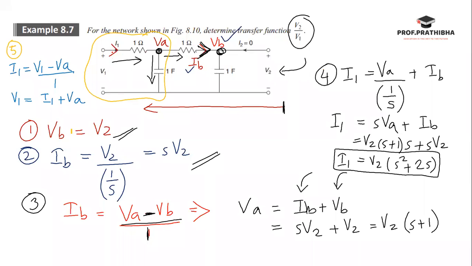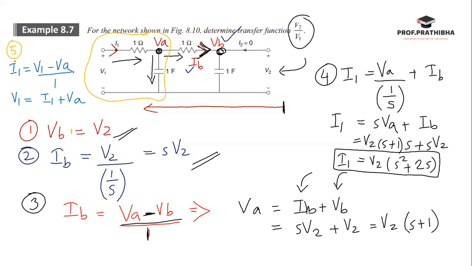Same thing we did for I1. I1 can be written as VA upon 1 by S plus IB. Also, I1 can be written as V1 minus VA upon 1. So if you look at 2 and 3 and 4 and 5, it's the same nature. Can you see that? Yes, ma'am. Thank you.